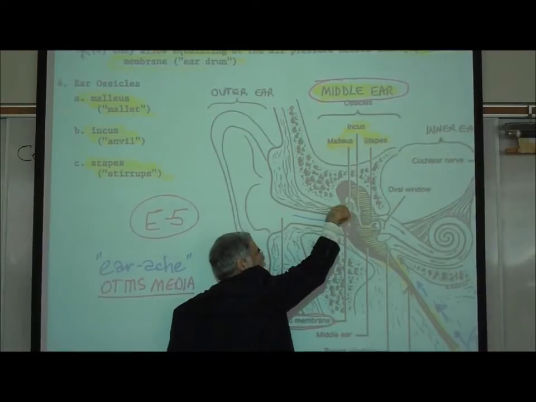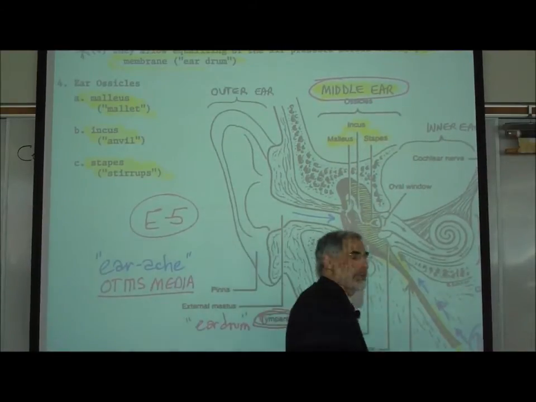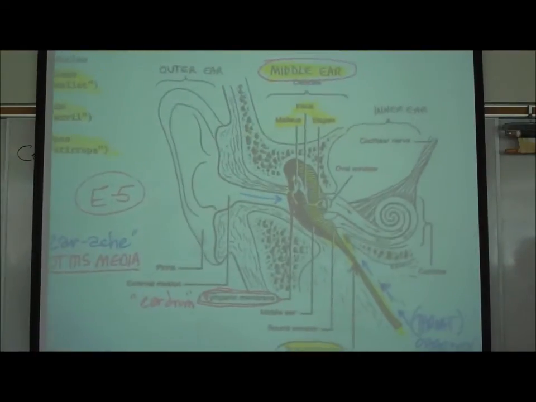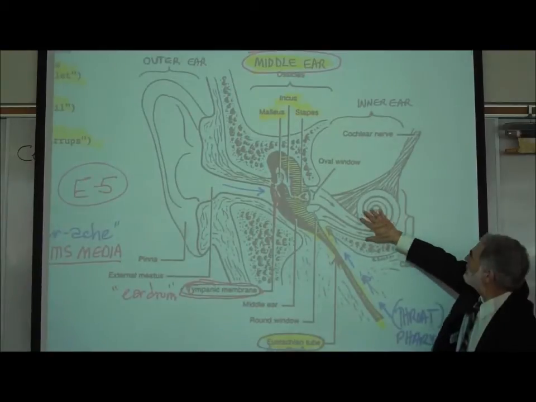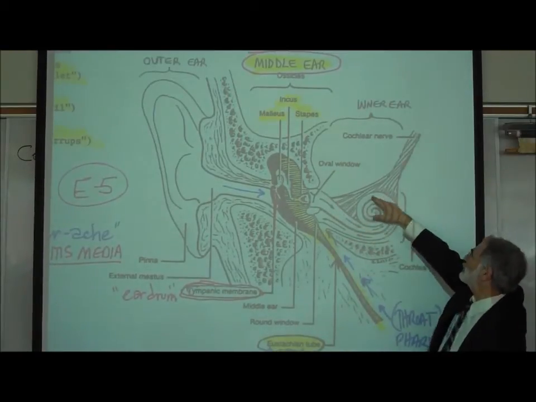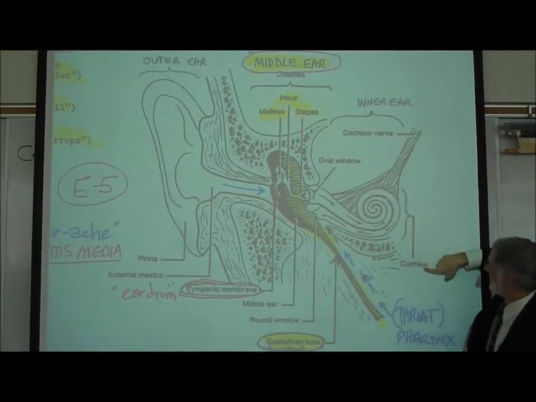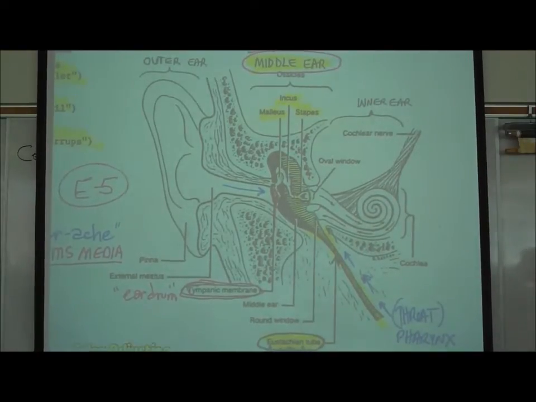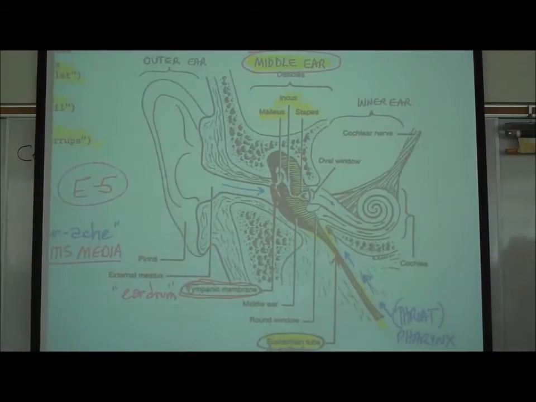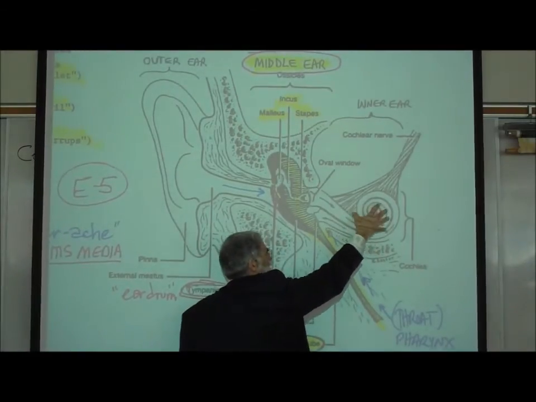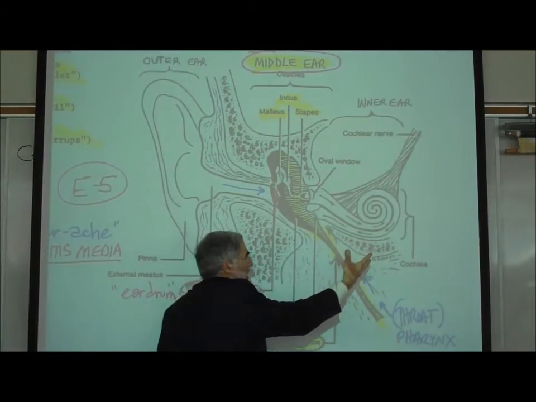And the movement of these three bones amplifies those weak sound vibrations. It amplifies the sound. And then there's this structure here that looks like a snail called the cochlea. The cochlea is the organ for hearing. So if the cochlea is the organ or structure for hearing, it's located in what's called the inner ear.